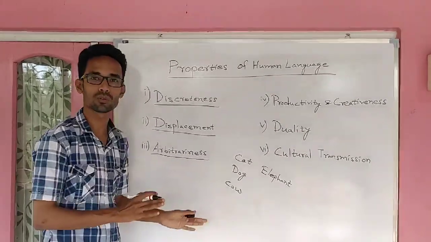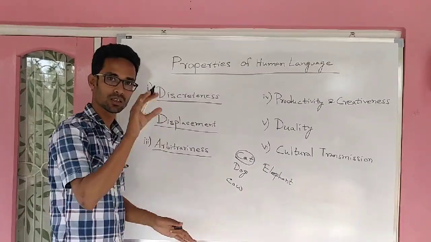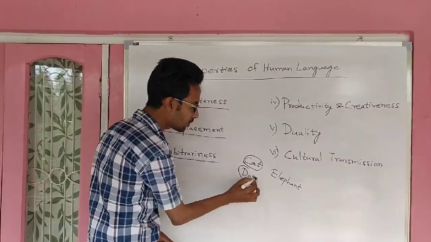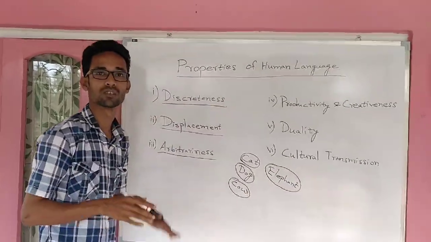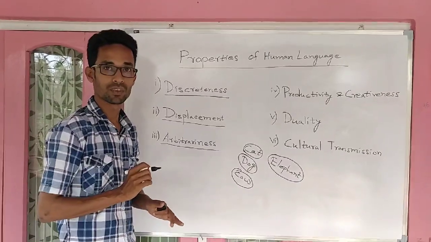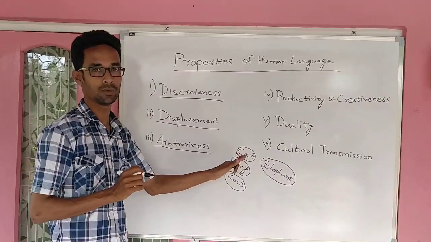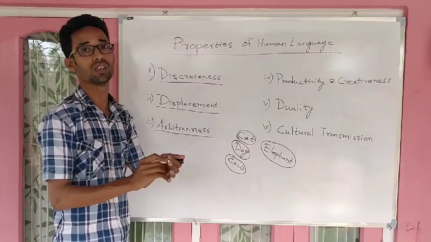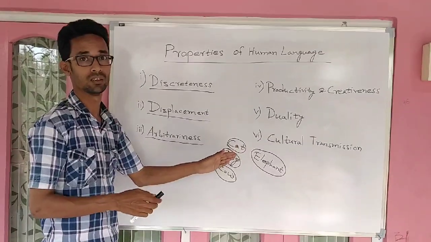Now here, does not look like means the spelling of cat does not resemble the actual original cat. The spelling of dog, the spelling of cow, the spelling of elephant does not resemble dog, cow and elephant respectively. That means we are using an arbitrary shape or an arbitrary sign to express something very different from this symbol or sign.